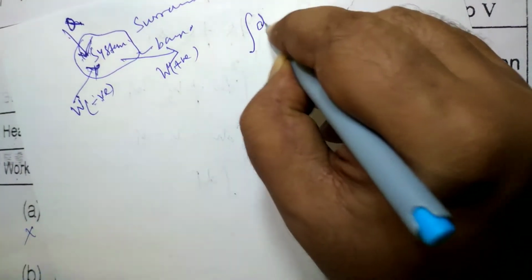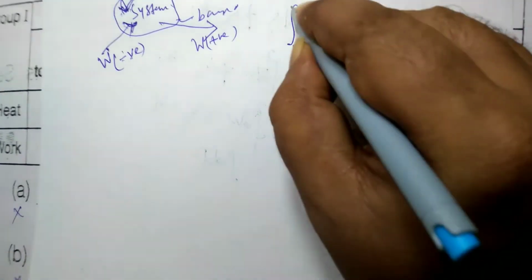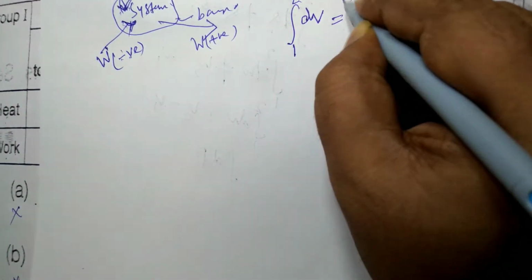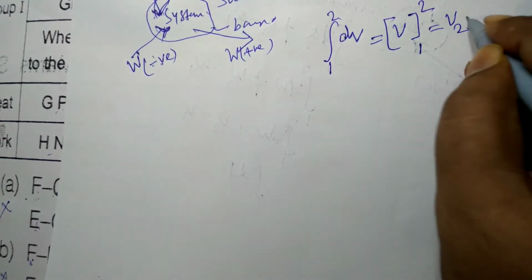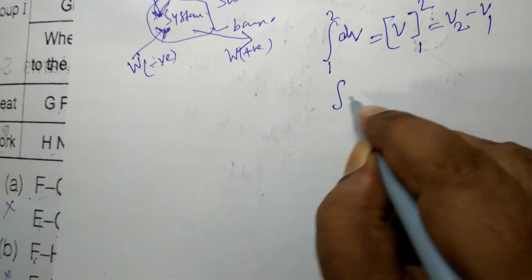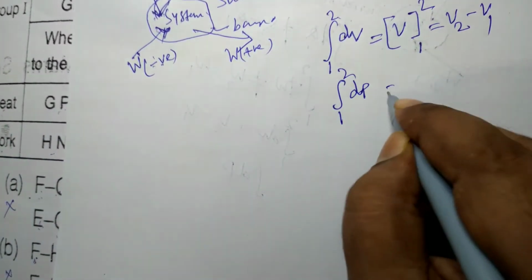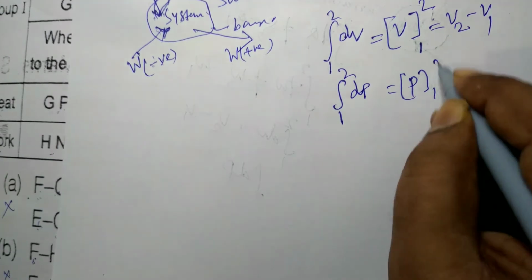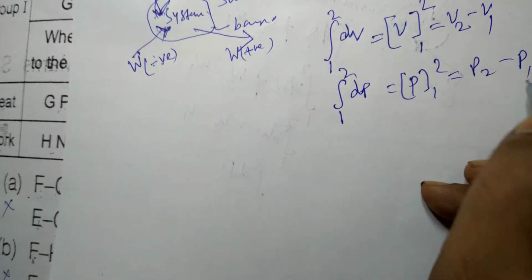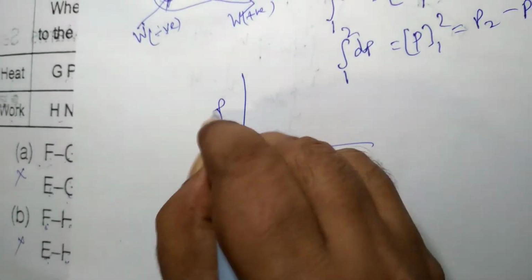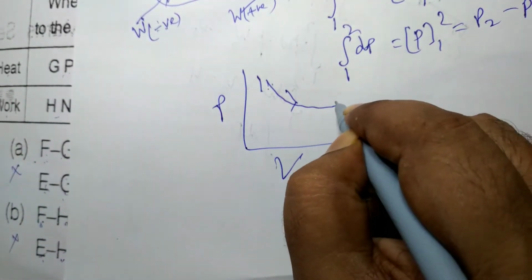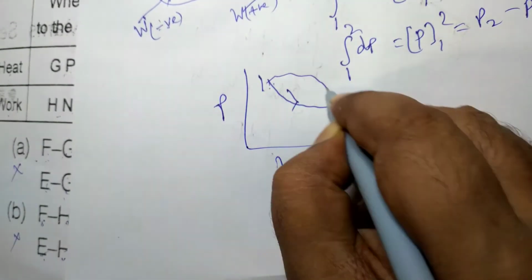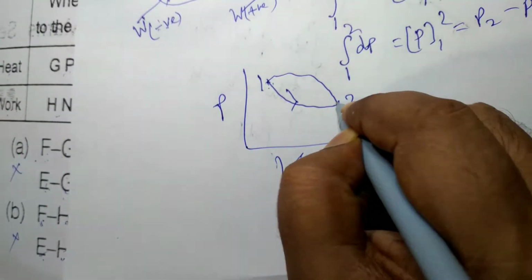Why? You see, if we integrate property dV, it will be V2 minus V1. If you integrate dP, it will be P2 minus P1. How does this happen? Suppose this is PV diagram, and when a system moves from state 1 to state 2, suppose this is the initial state and this is the final state.